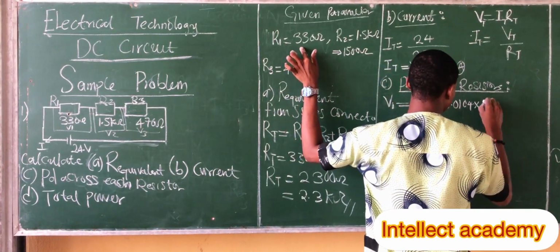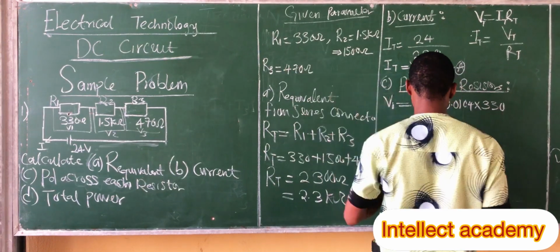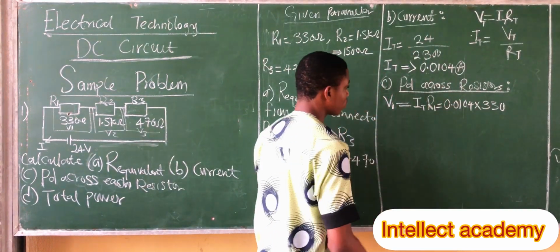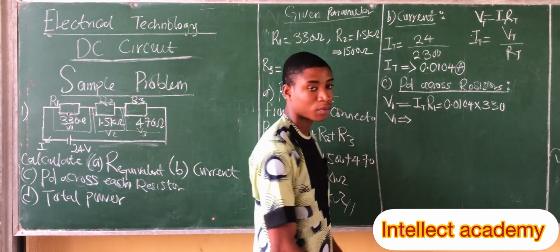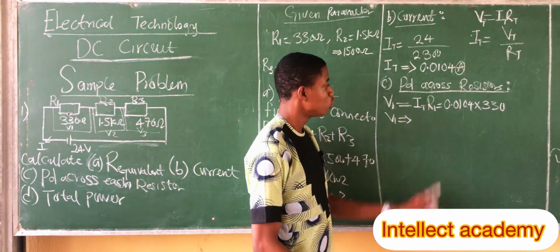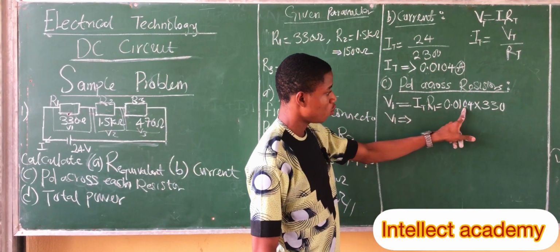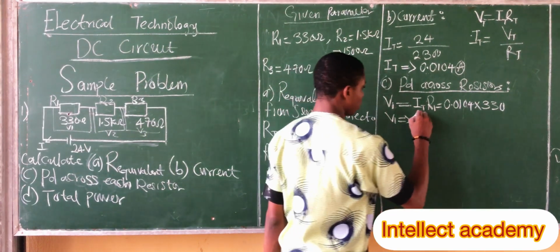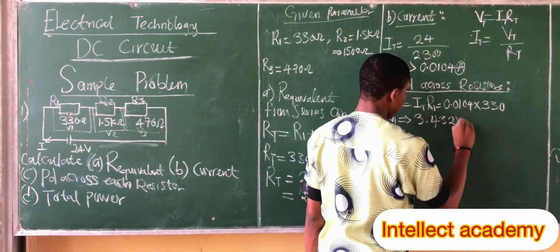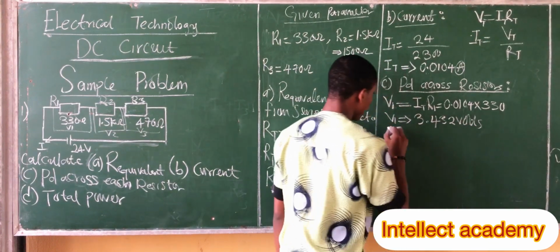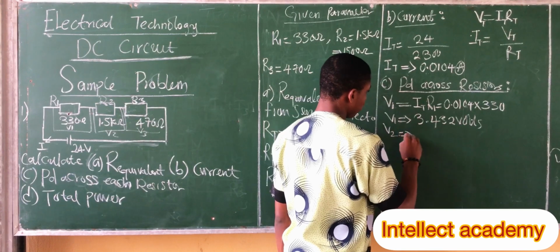So we multiply by 330. Please punch this and tell me what we have. V1 is equal to 3.32 volts.